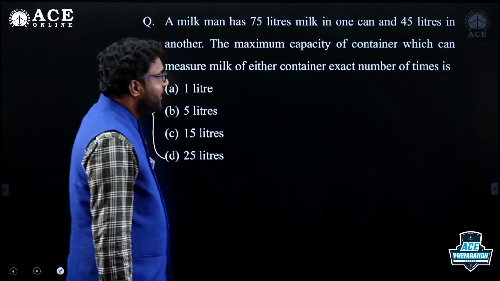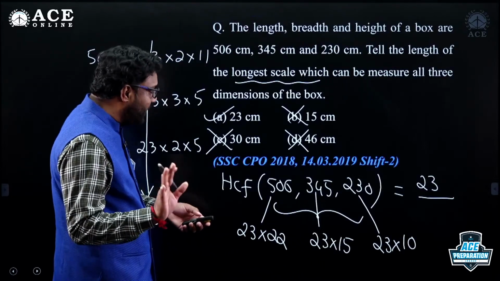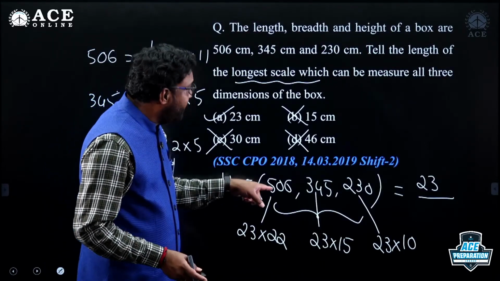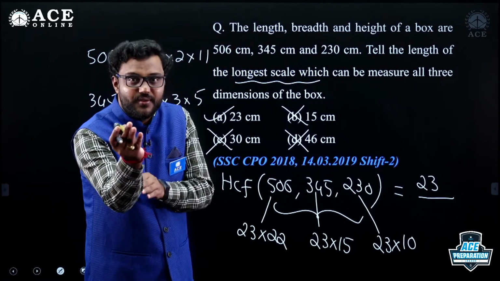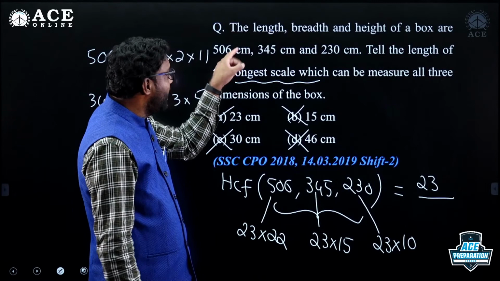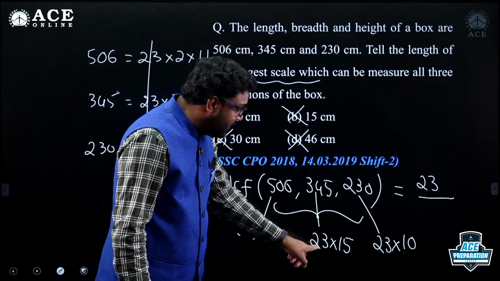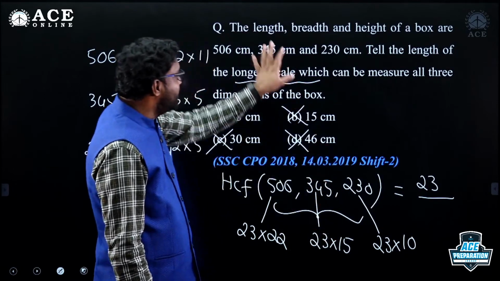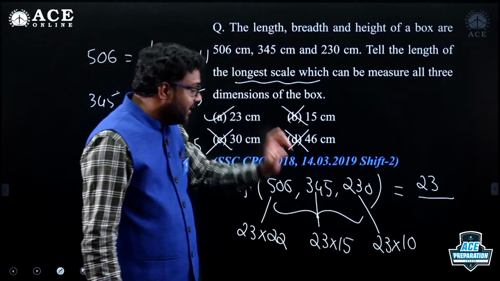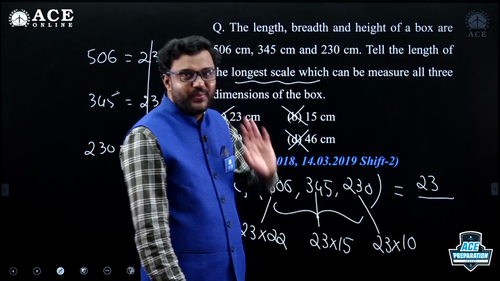Exactly as in the previous one, what is the meaning of this 506 centimeters? You are using a scale 22 times, measuring 22 times, you are getting 506, you can measure exactly. This 23 centimeter scale, you are using 15 times, this is exactly measurable. This 23 centimeter scale, you are using 10 times, you can measure this one.